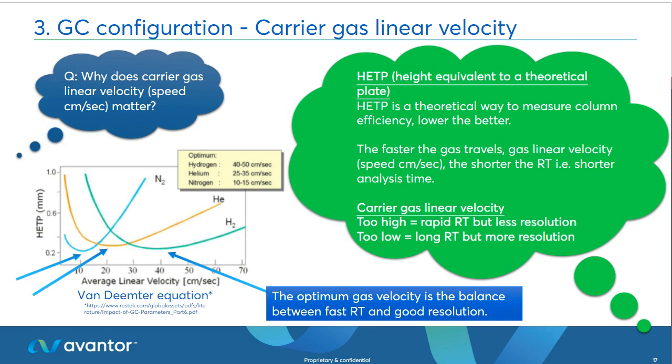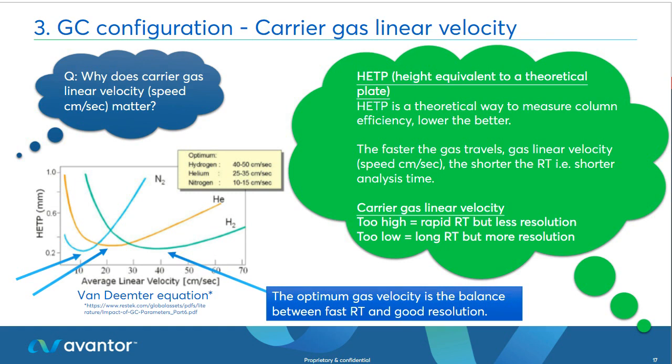Hydrogen is the best choice because it can go much faster before that HETP value rises, and it doesn't even rise quite as sharply compared to nitrogen. This is why we want to move towards hydrogen, because then we can get faster retention times without having to fully sacrifice the chromatography.